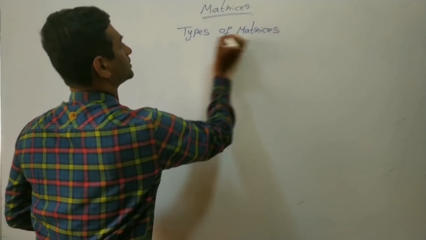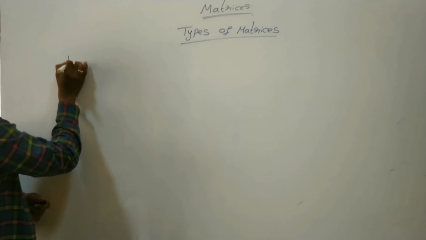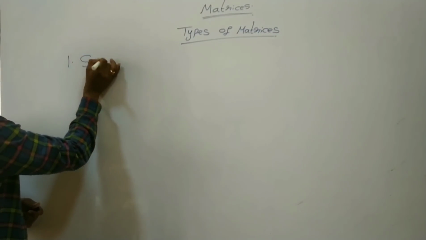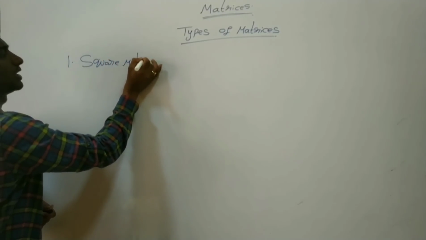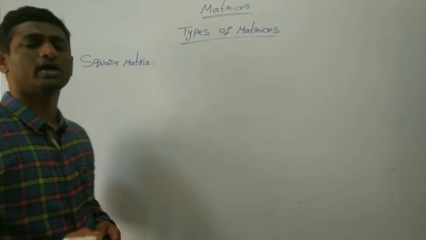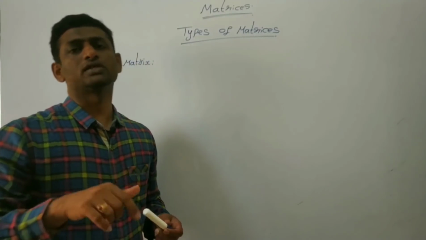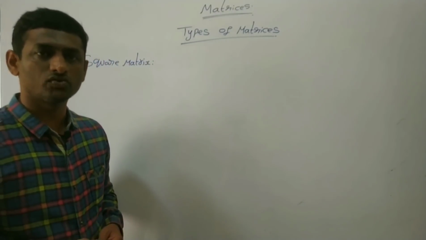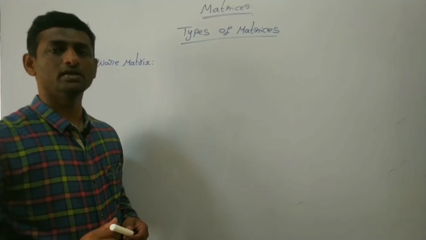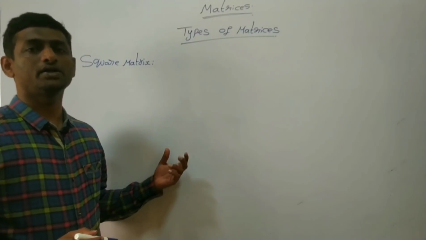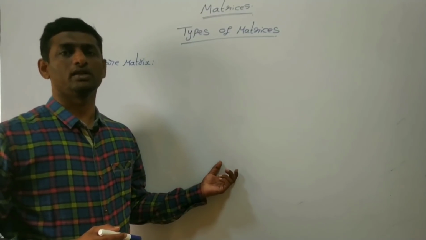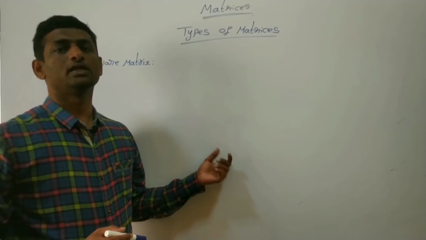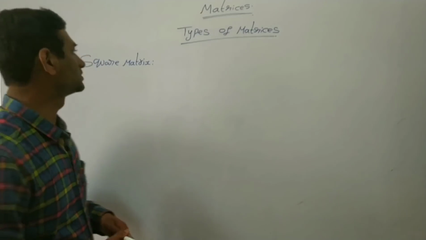The first one is the square matrix. As you know, what is a square? If all the sides are equal, then it is a square. In a similar manner, for a rectangular matrix which has m rows and n columns, if m is equal to n, then it is said to be a square matrix.